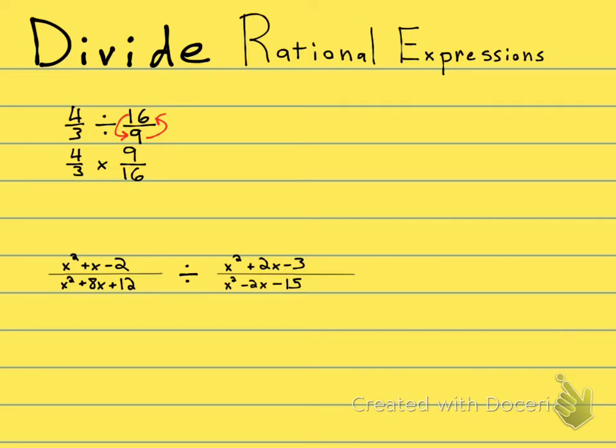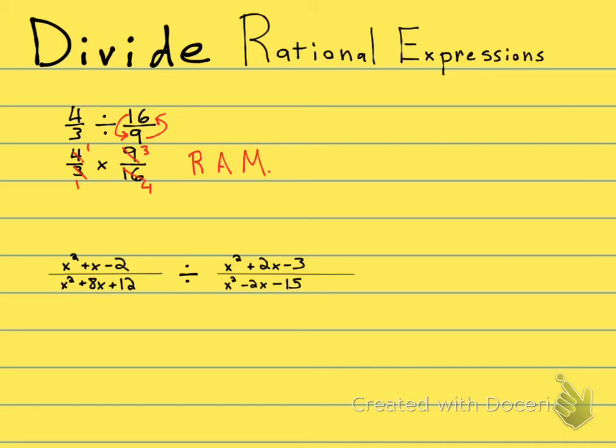And now that it's a multiplication problem, I can reduce at multiplication. So instead of having to multiply the numerators and the denominators and reduce afterward, I'll reduce right now. See anything that reduces? 3 goes into here once, 3 goes into here 3 times, 4 goes into here once, 4 goes into here 4 times.